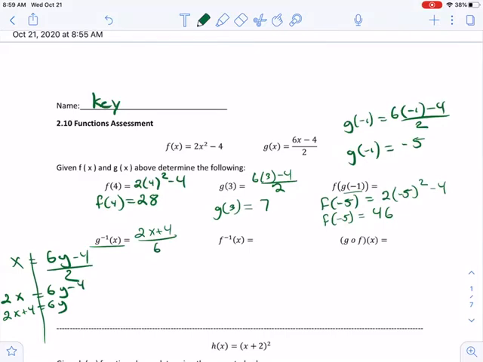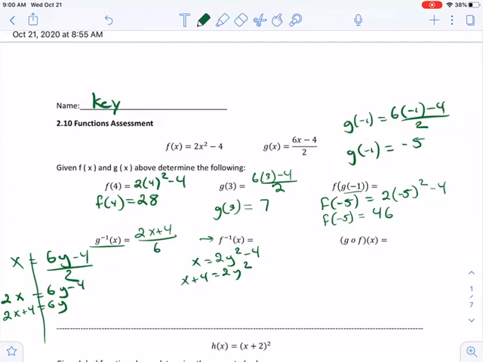Inverse of f, again, if I were to jump a few steps, I've replaced f inverse of x with y, and then swapping x and y, just direct find and replace. I end up with x equals 2y squared minus 4, and then I'm going to start by solving for y.